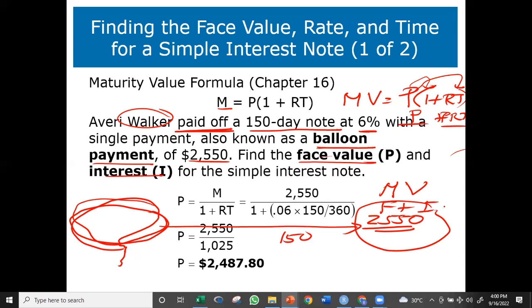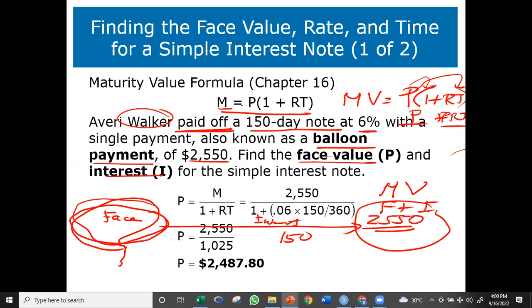The question is, what was the face value and what was the interest paid?